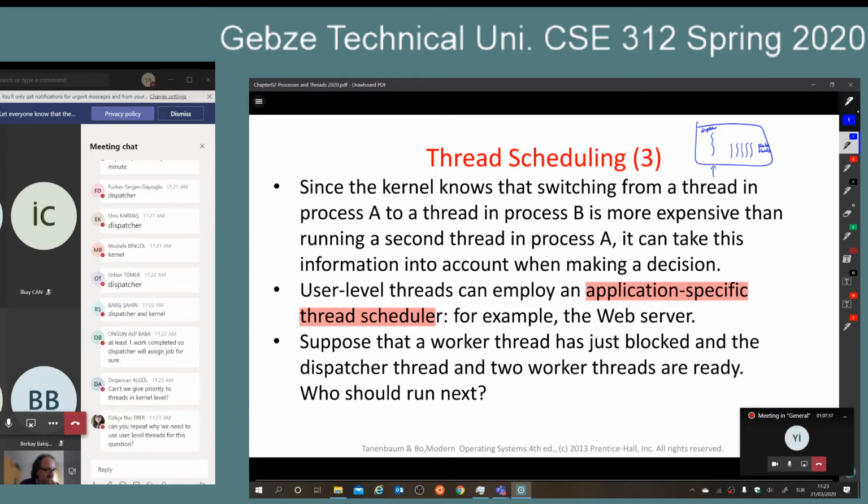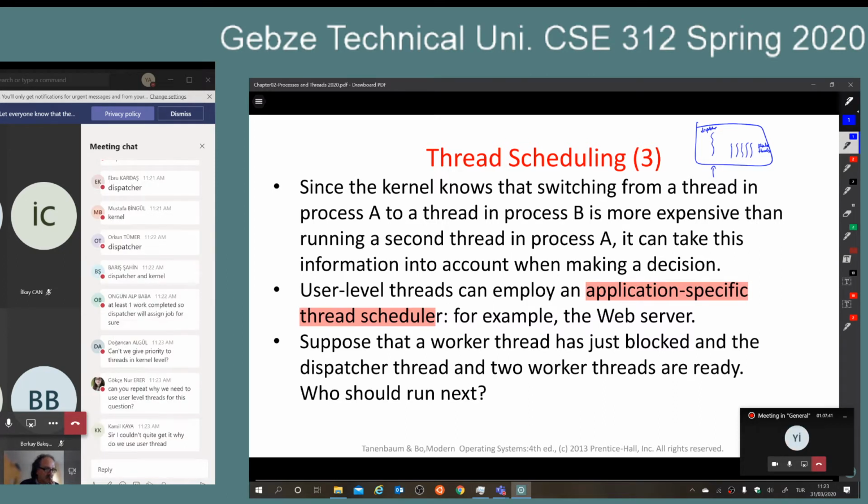Can't we give priority to threads in kernel level? Yeah, that could be, Doğancan. That's a very good point. That could be another solution. You are saying that we increase the priority of the threads, but usually remember threads are cooperative.